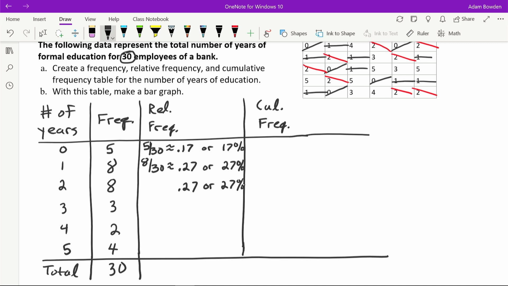Same for the next one. And then 3 divided by 30 is equal to 0.10 or 10%. 2 divided by 30 is approximately 0.07 or 7%. And then 4 divided by 30 is approximately 0.13 or 13%.